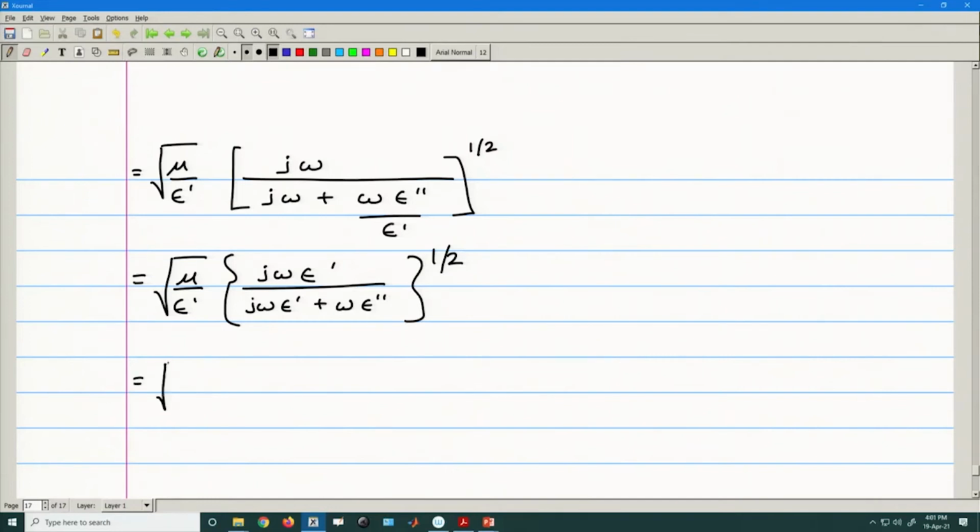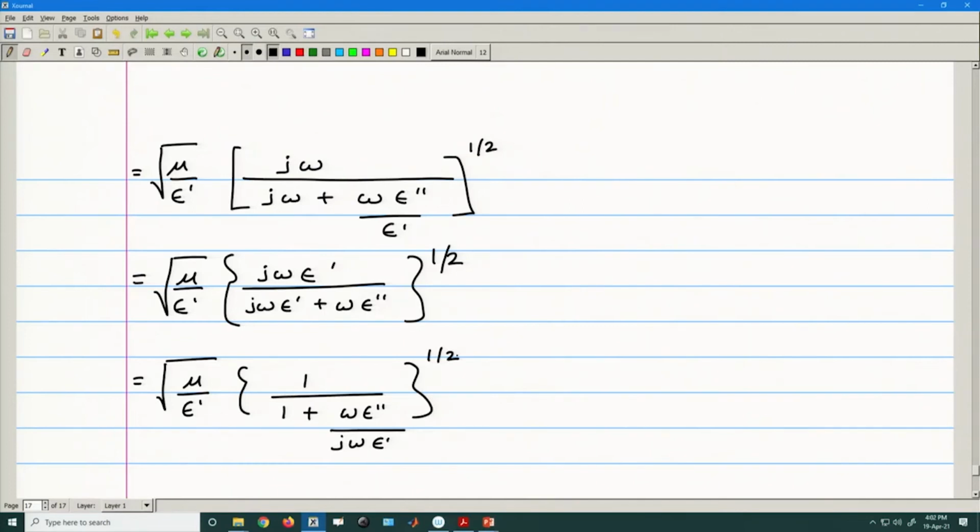That becomes mu upon epsilon prime. Dividing by j omega epsilon prime, we get 1 upon 1 plus omega epsilon double prime upon j omega epsilon prime, raised to the power half.